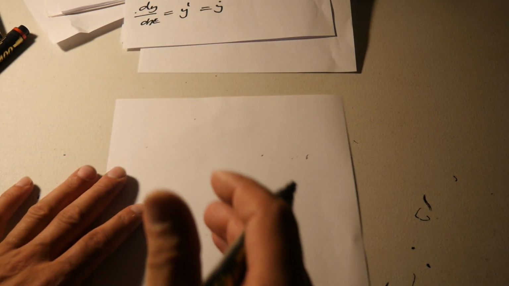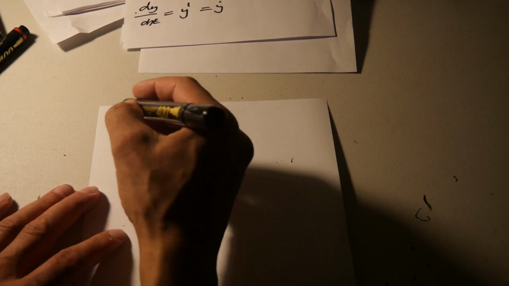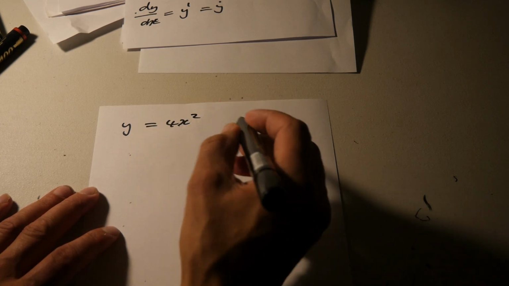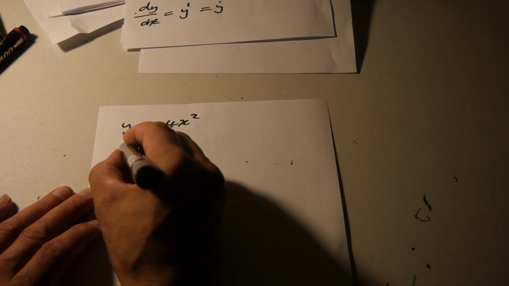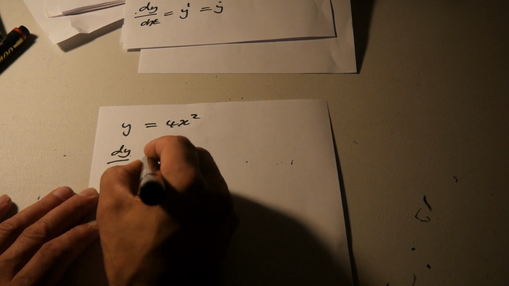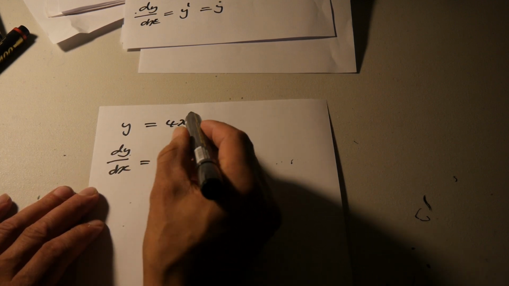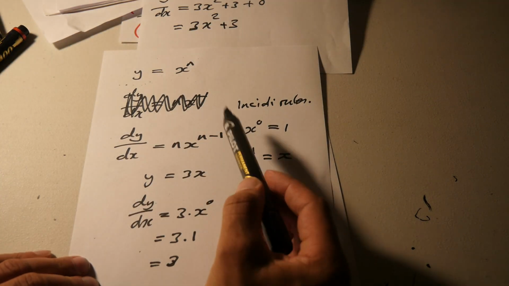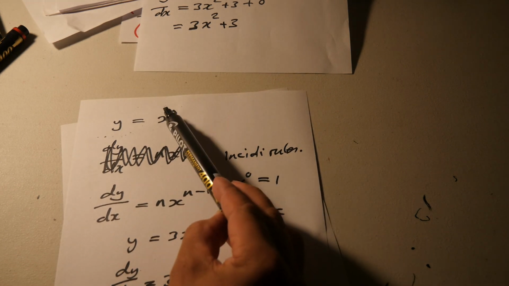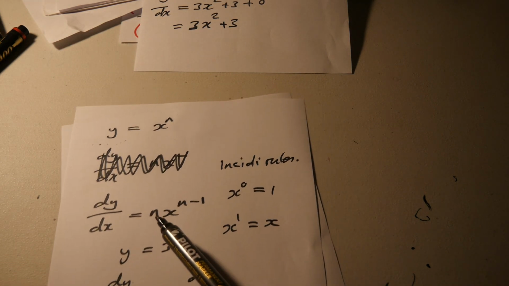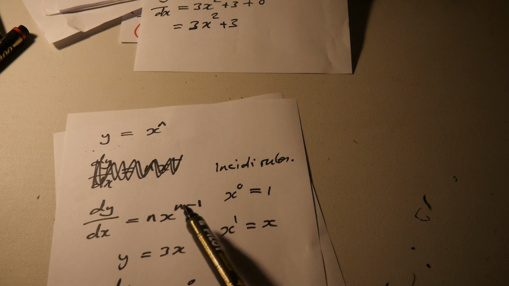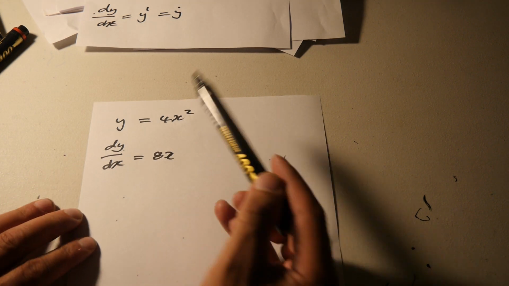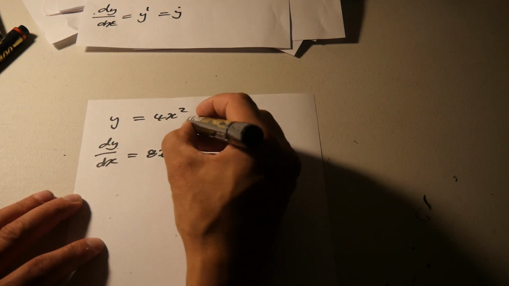So yeah, differentiation, when you take y equals 4x squared, okay, and you write dy by dx equals 8x, okay, so 2 comes down by that rule here, n comes down, the derivative of x to the n is nx to the n minus 1, so 2 comes down, 2 times 4 is 8, and maybe put the intermediate step in here.